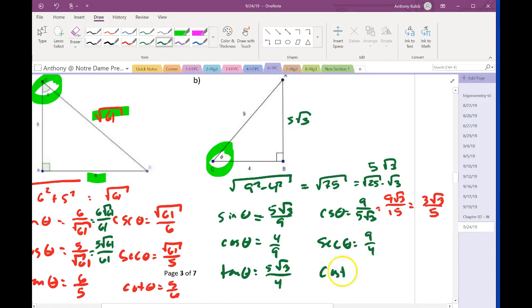And cotangent theta is the reciprocal, so that's 4 over 5 root 3. But I don't like that as my final answer because of the square root in the denominator. So I multiply the top and bottom by root 3. I get 4 root 3 over 15. And that does not reduce, so that's fine for a final answer.